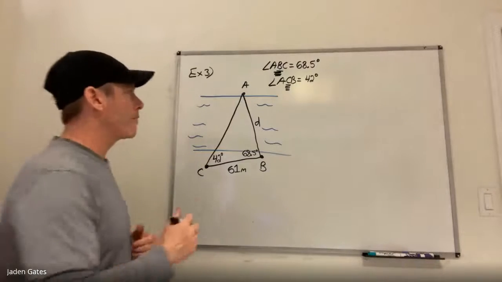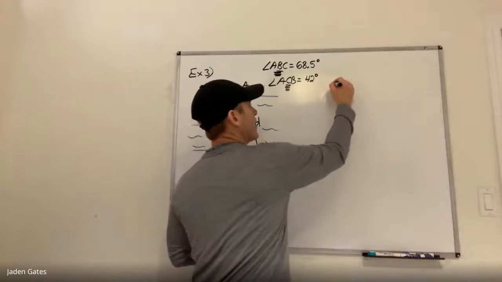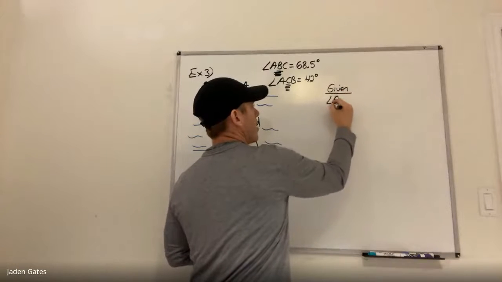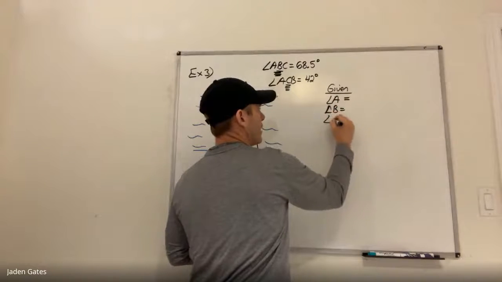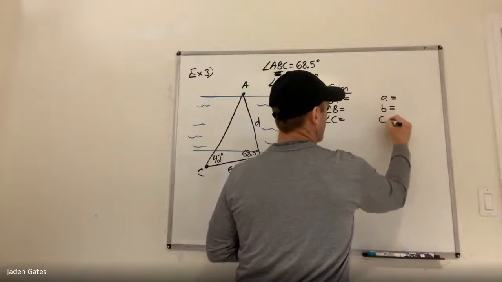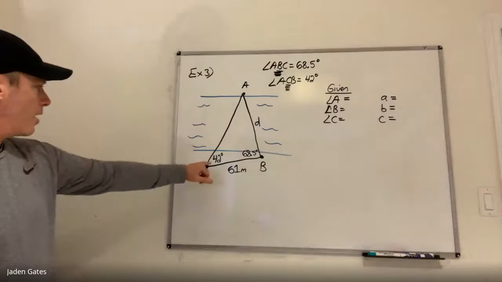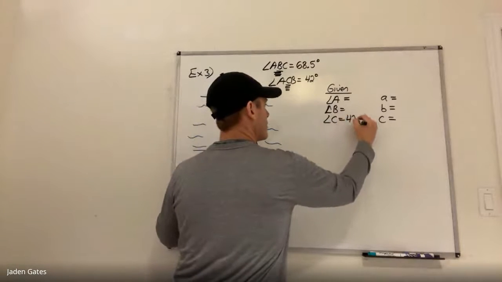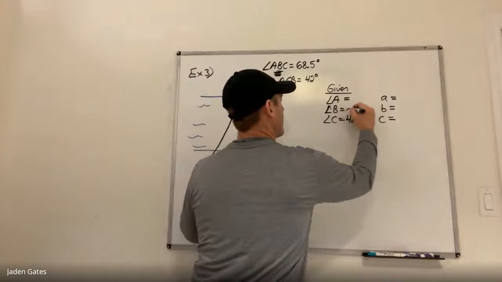Write down my given information here. So again, with my given information, when you're dealing with a non-right triangle, we got 3 angles and 3 sides. There we go. All right, so what do I know? Well, again, my angles are the easiest here. I got an angle of 42 degrees for C. B is 68.5.